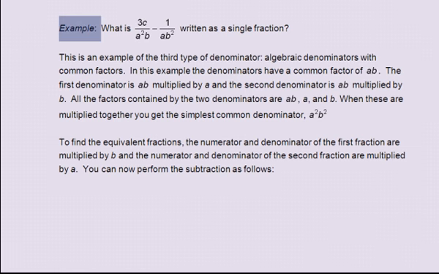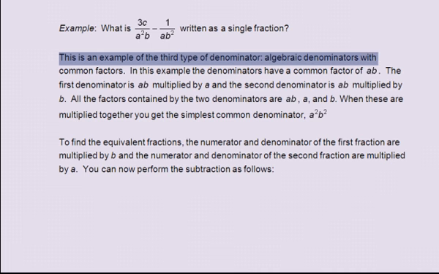Here's another example. What is 3c divided by a squared b minus 1 divided by ab squared written as a single fraction? This is an example of the third type of denominator, algebraic denominators with common factors. In this example, the denominators have a common factor of ab.